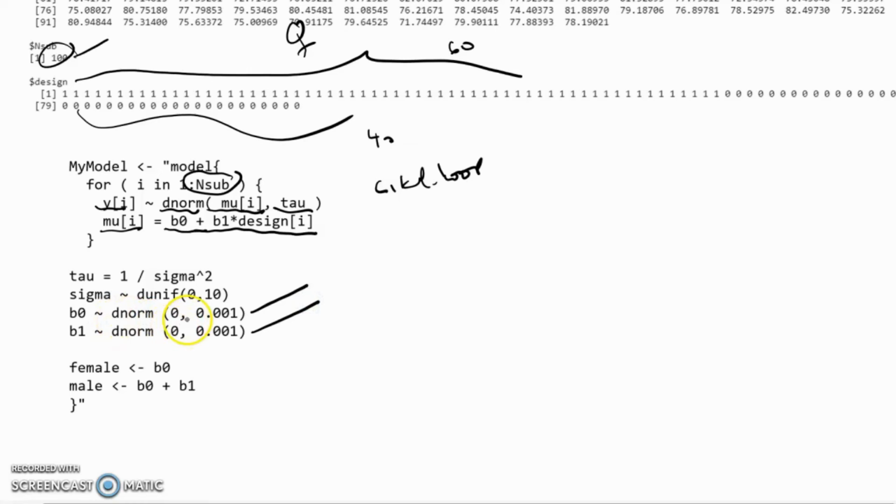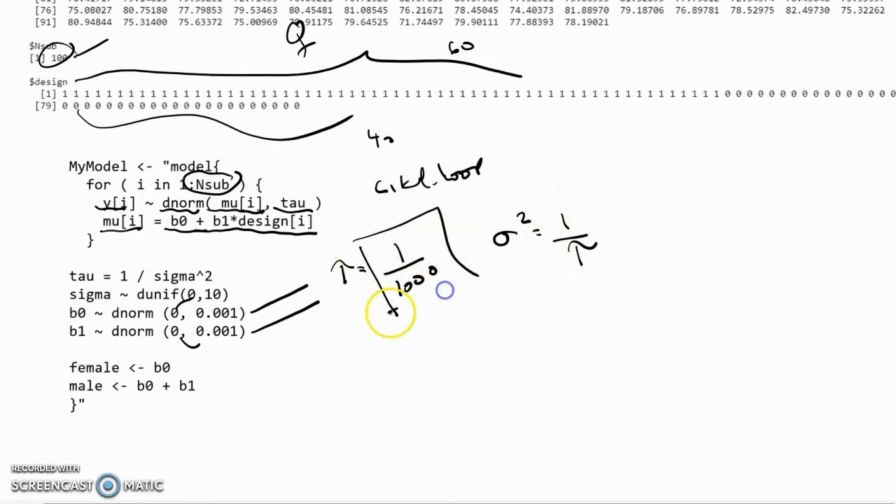They're coming from a normal distribution with mean 0 and tau equals 1 over 1,000. If you remember that sigma squared is equal to 1 over tau, a very small tau is equivalent to a very large sigma squared. So we've got very diffuse values for the priors for B0 and B1.